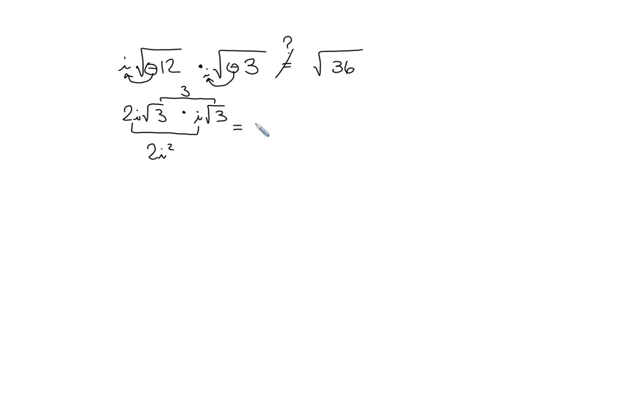And so this then becomes 2i squared times 3, which is 6i squared. But what does the i squared turn into? Negative 1. So this becomes negative 6, which is the correct answer. Whereas this, if it had been true, would have given us an answer of what? Positive 6, which is not correct. All right, questions about that?